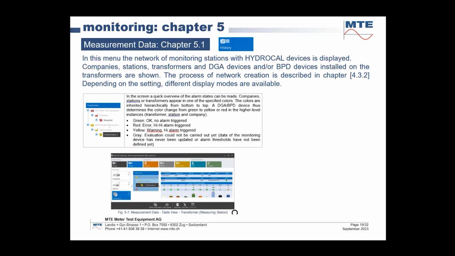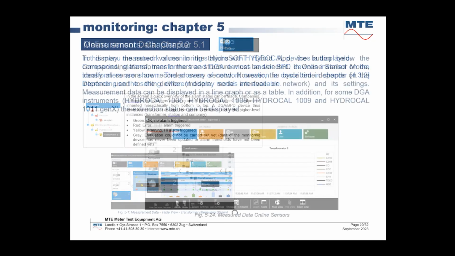The green is no alarm triggered, and red means that we are actually in error, high alarm triggered, for example, or yellow is warning, high alarm. And gray means it's not possible yet to make an evaluation. Maybe it's not connected. Alarms are not defined.